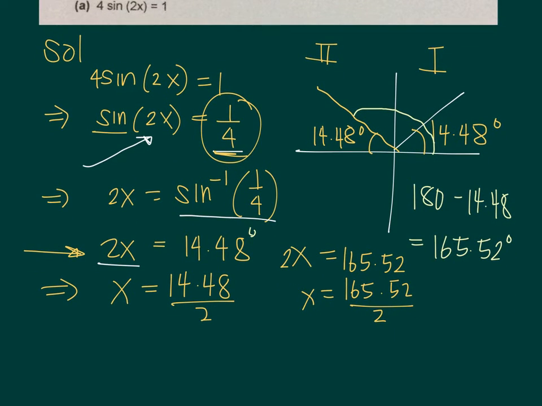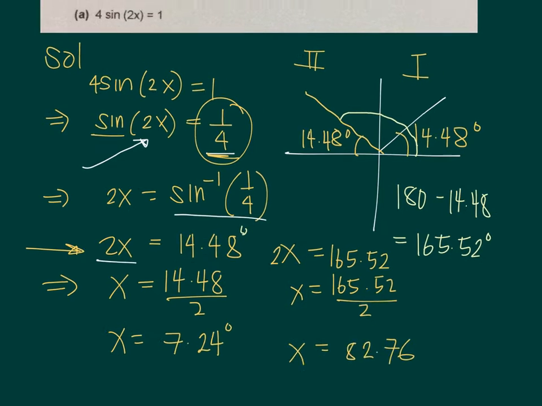So this will give us, for the first x, around 7.24 degrees, and for the other x, we have 82.76.